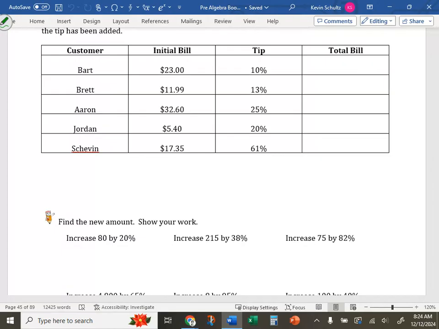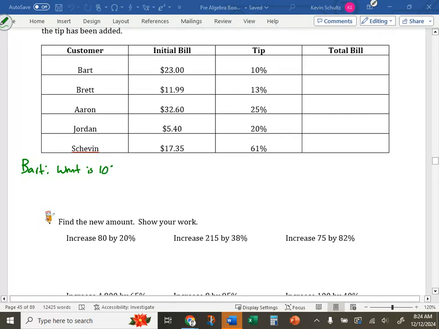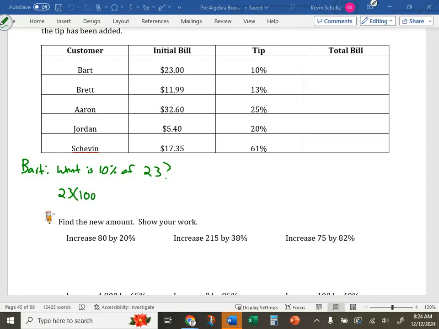If you are using the first method, your question is, what is 10% of 23, right? And then you set up a proportion, you find that amount, you add it to the original. If you're using the formula, you're taking your original amount times 100% plus 10%, and you're calculating that, okay?